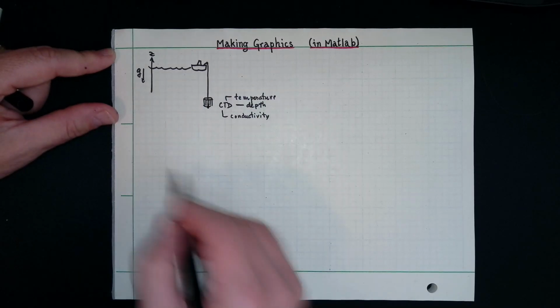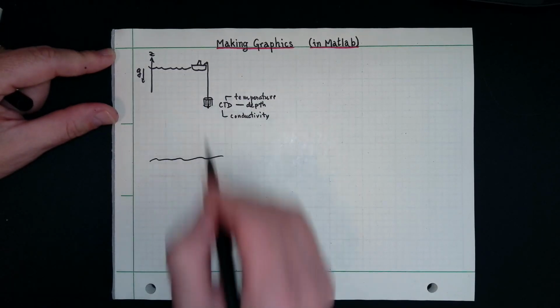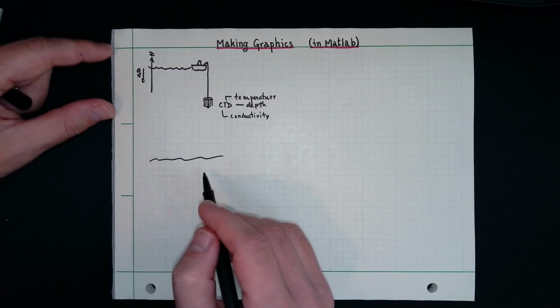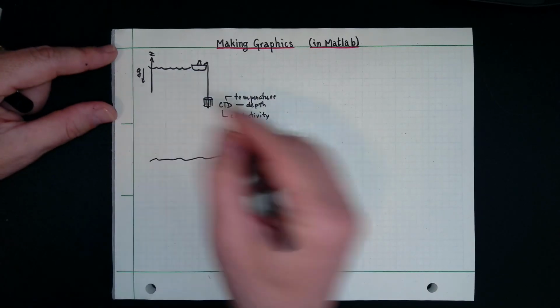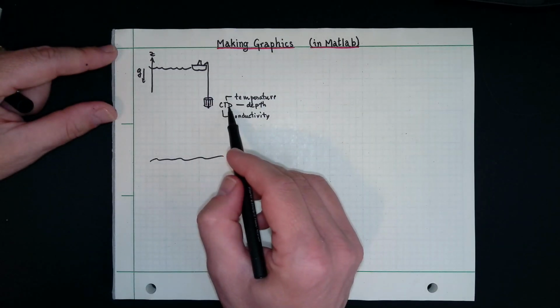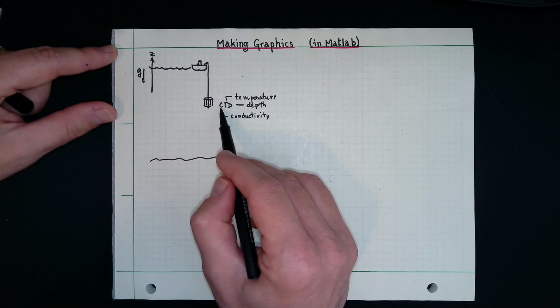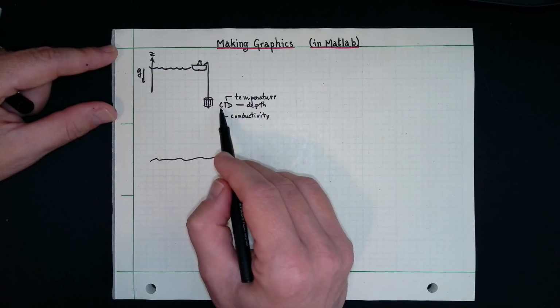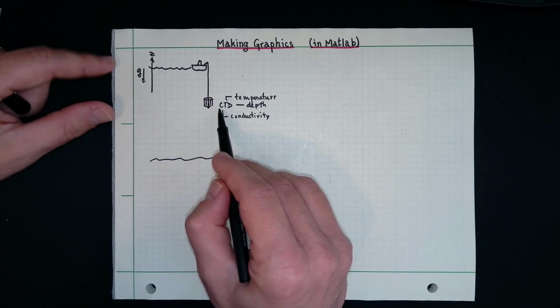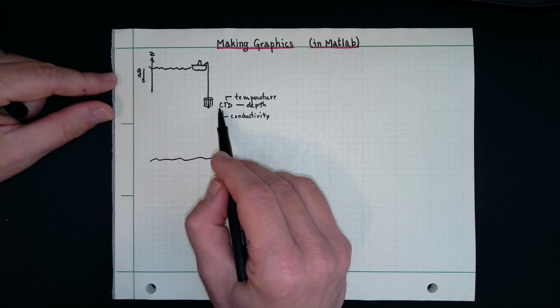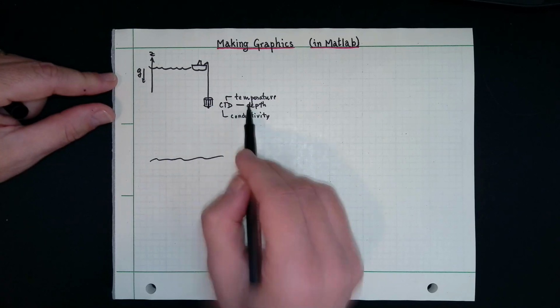So the instrument goes down, and this would be the bottom of the ocean, and they collect data and they can make profiles of temperature as a function of depth or as a function of pressure, or salinity, which you get from the conductivity. So salinity is a function of conductivity, and you can get it by measuring the conductivity, and you can make plots of conductivity as a function of depth.